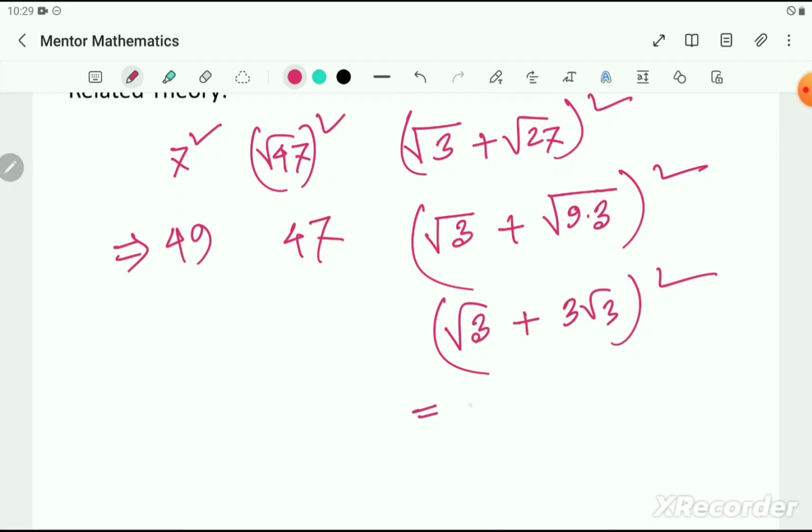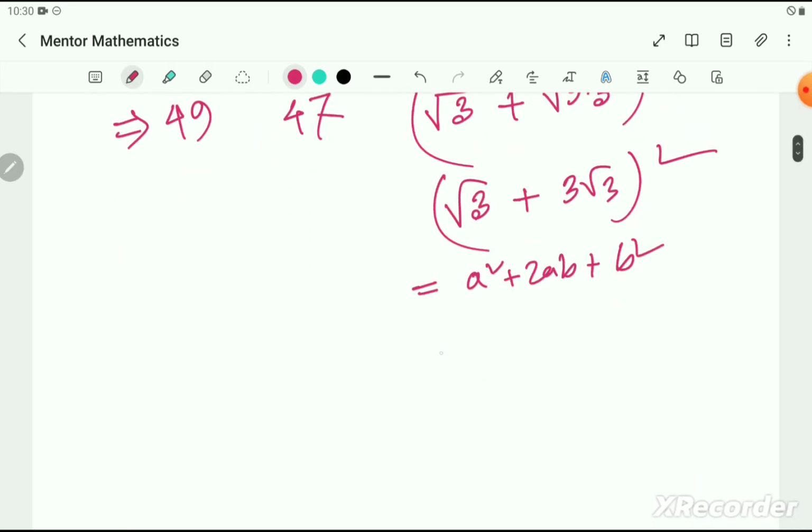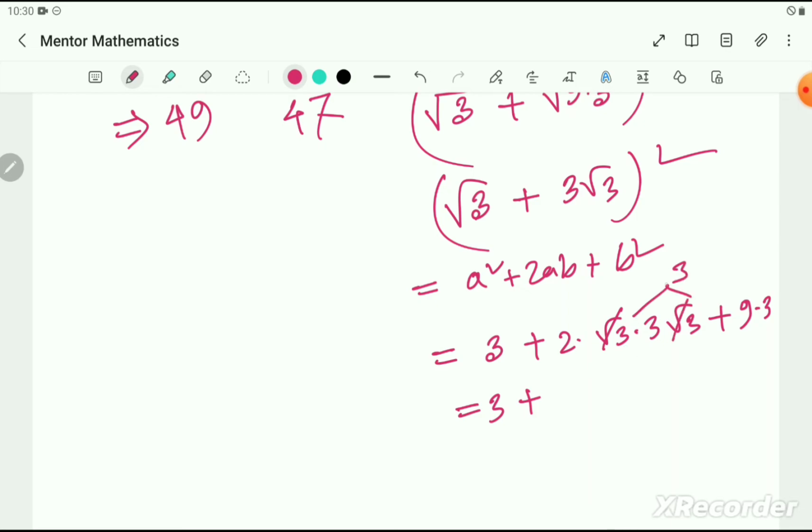Therefore we can write a square plus 2ab plus b square. This is the formula we all know. So we can write 3 plus 2ab plus b square. So b square becomes 9 times 3. So 3 plus, this root 3 and this root 3 combined becomes 3.